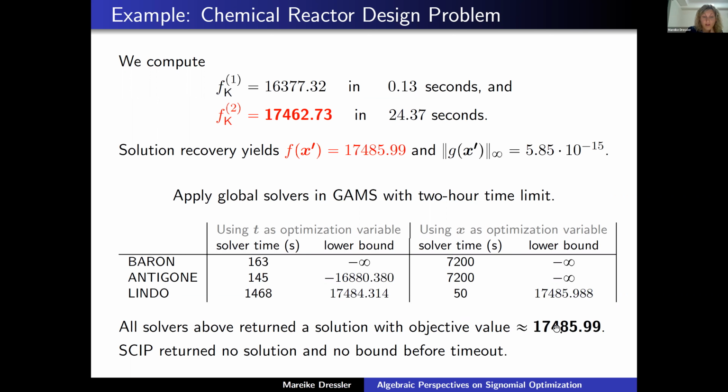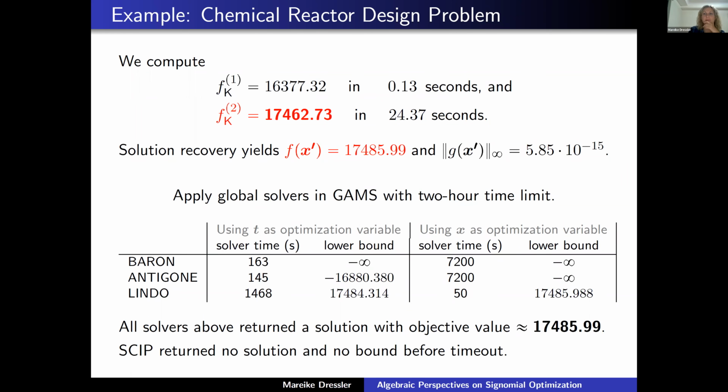And also only Lindo was able to certify its solution as globally optimal. By contrast with Lindo, the performance of Sage is really independent of whether we regard the signomials as signomials, so as functions in X, or as generalized polynomials in T. So it didn't make a difference here.